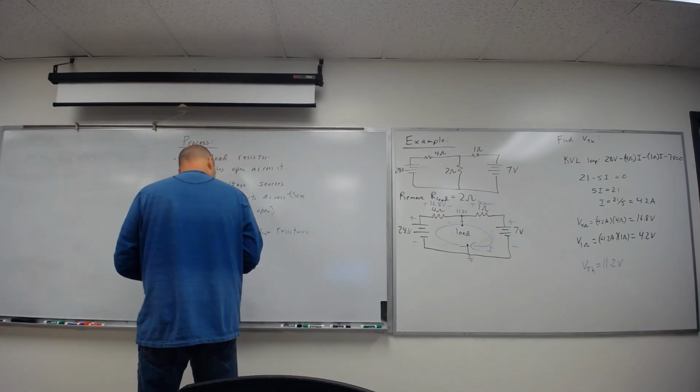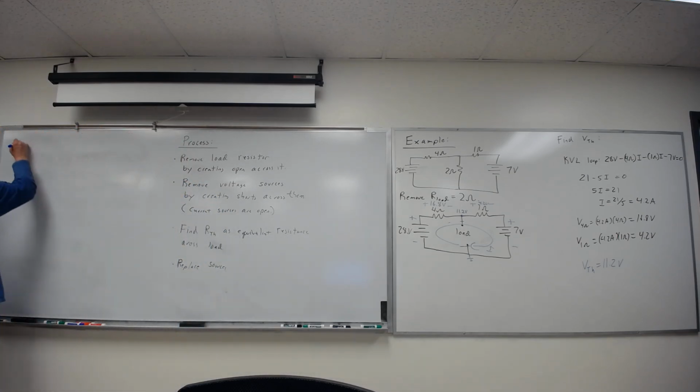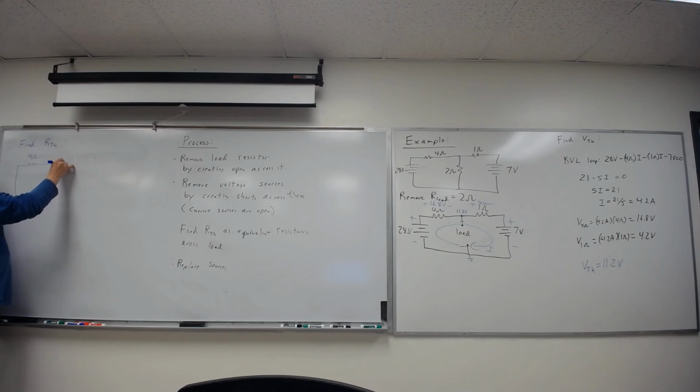This right here. Now I'm going to rewrite the circuit. Let's find the Thevenin resistance. So I have my 4 ohms. I replace this battery with a short. I have 1 ohm. I replace this battery with a short.